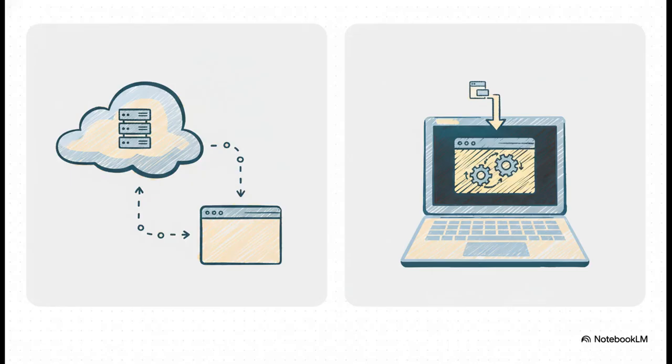So, here it is, the fundamental difference, the fork in the road, if you will. It's all about where the browser actually lives. A cloud browser runs on a powerful server somewhere else in the cloud. You're not actually running anything on your machine. You're basically just streaming a secure browser session. Now, an on-device browser is the opposite. It's a special application that you download, install, and run directly on your own computer.